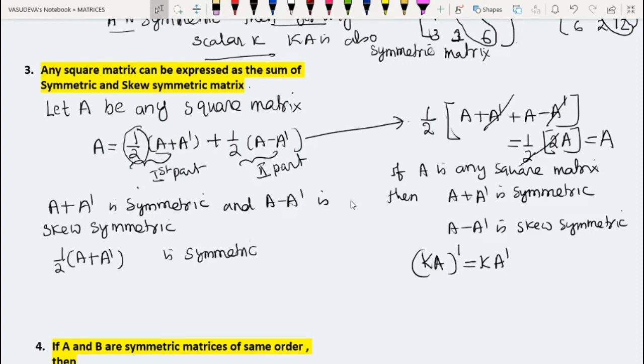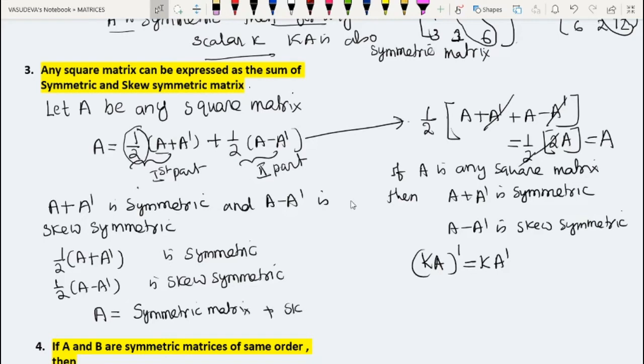and half of A minus A dash is skew symmetric. So therefore, the first part is the symmetric part and the second part is the skew symmetric part. Any square matrix is expressed as the sum of a symmetric matrix and a skew symmetric matrix.